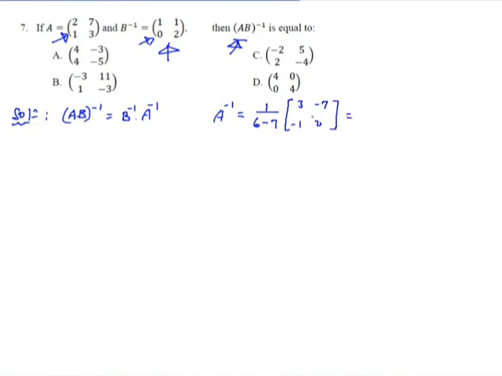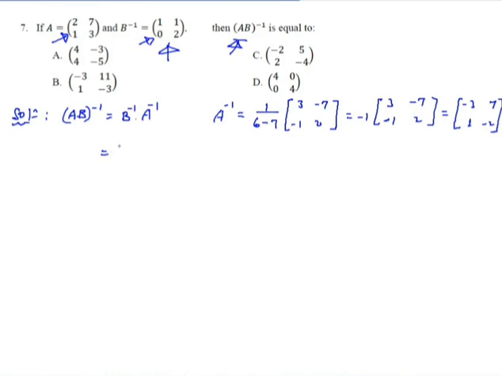Okay, so what does this become? Minus 1 times the matrix 3, minus 7, minus 1, 2. Multiplying this by minus 1, we get minus 3, 7, 1, minus 2. So this is our A inverse.